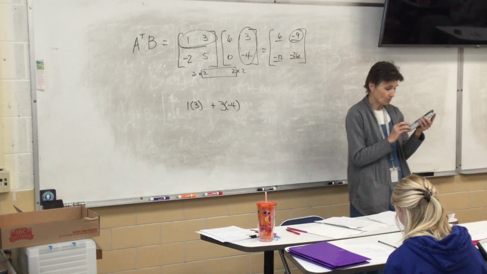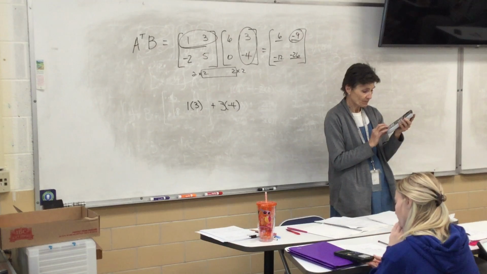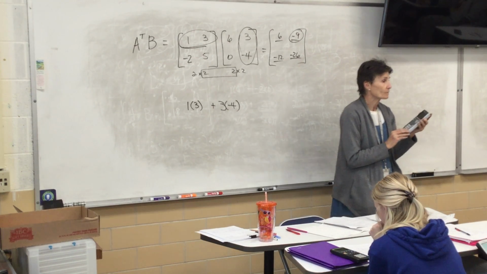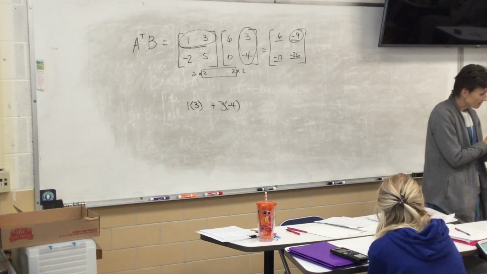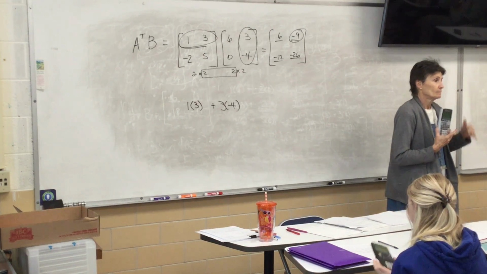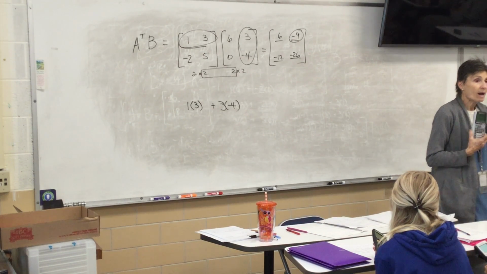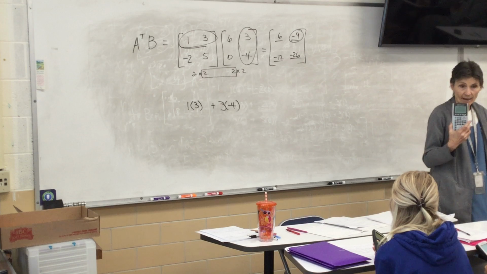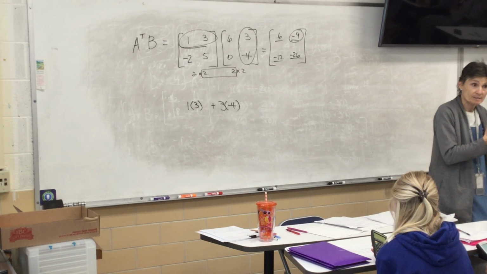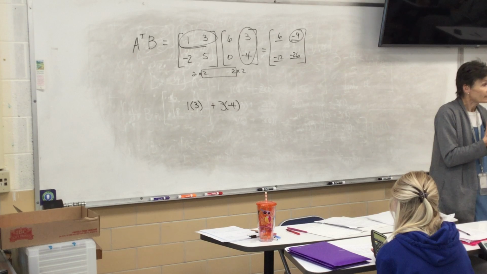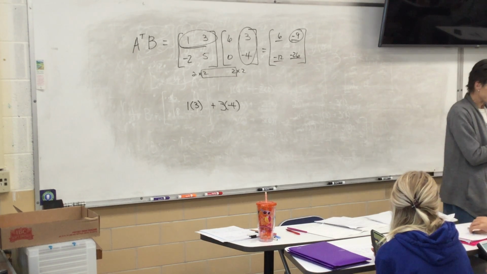Put in his numbers, 6, 3, 0, -4. And then second quit. So now in your calculator, you have a matrix A and a matrix B.